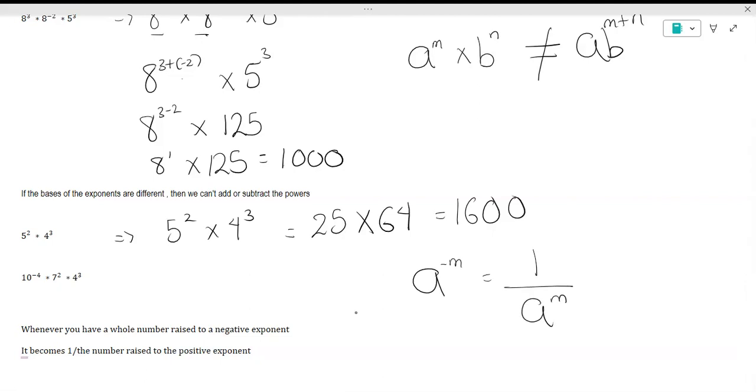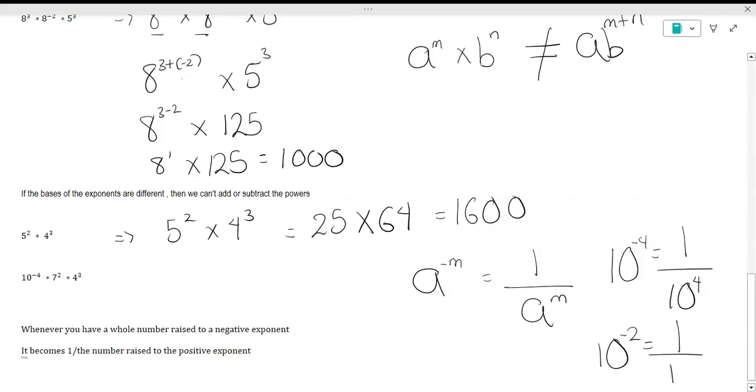So it's like an inverse. So 10 raised to the power minus 4 will be 1 over 10 raised to the power 4, sorry. That's the difference. That's just it. 10 raised to the power minus 2 will be 1 over 10 raised to the power 2.